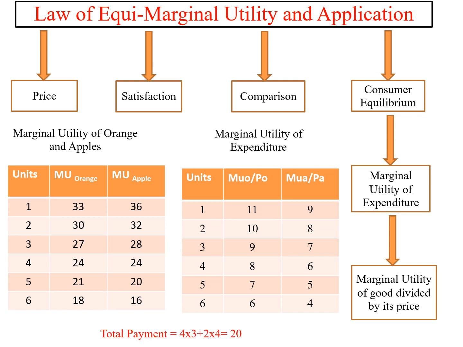It is 4 units of orange. One orange is 3 rupees, so that means 12 rupees, and 2 units of apple, 1 unit of apple is 4 rupees. Ultimately 20 rupees will be spared by the consumer to get the maximum satisfaction by consuming orange and apple.